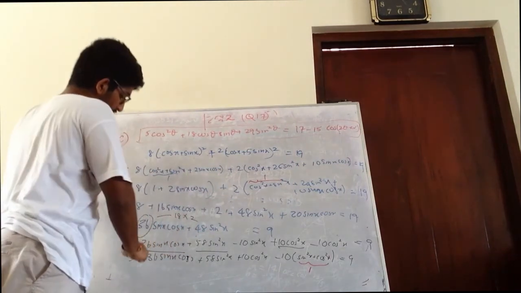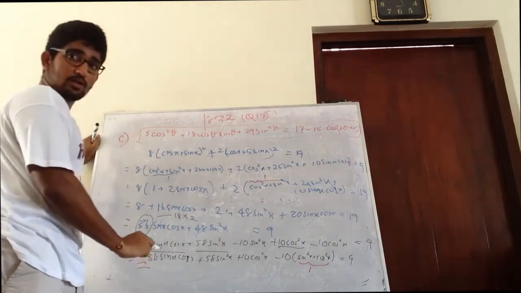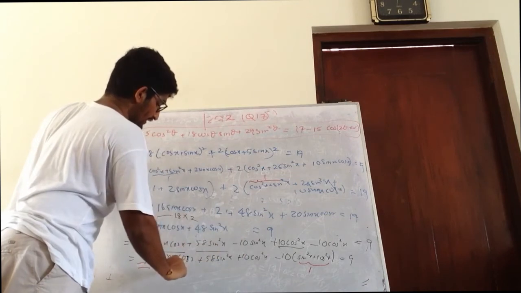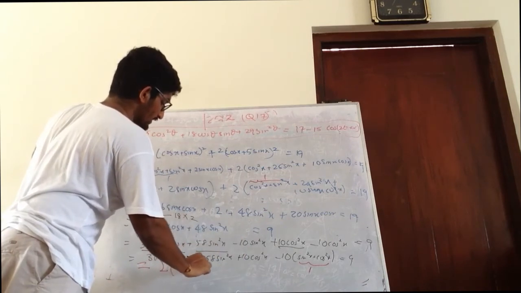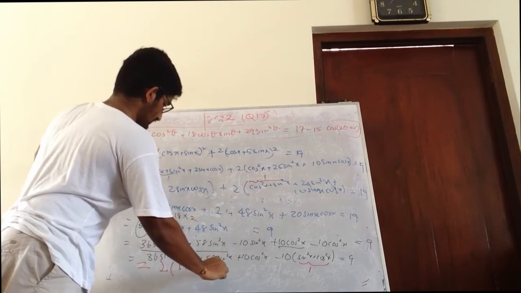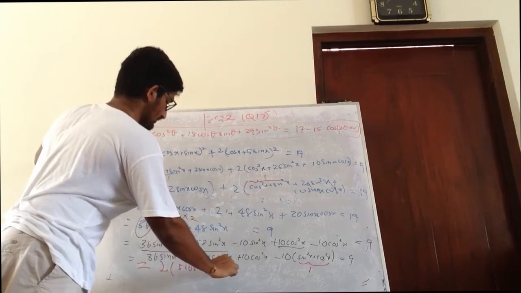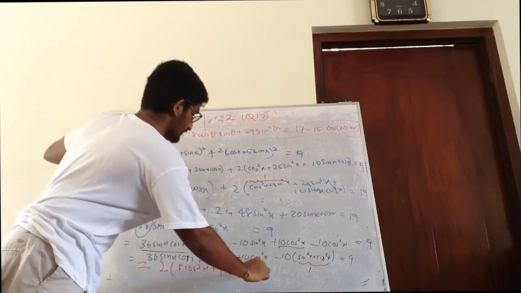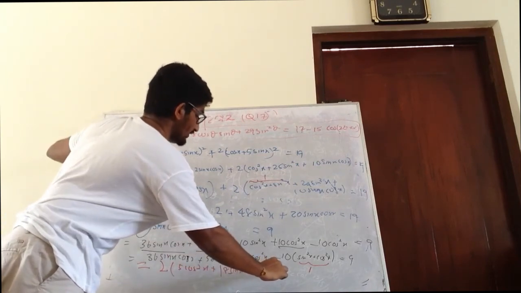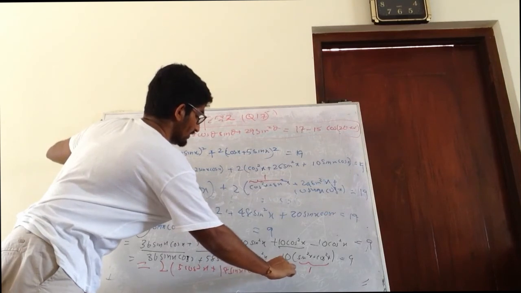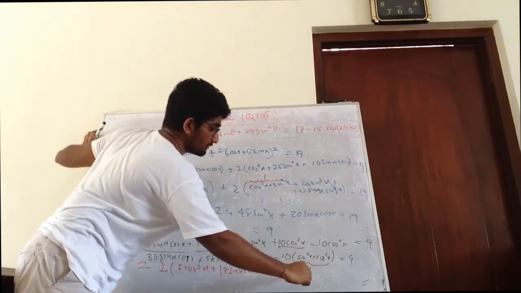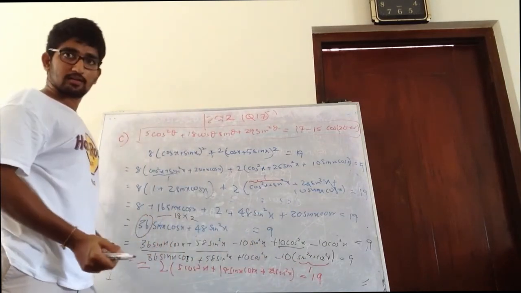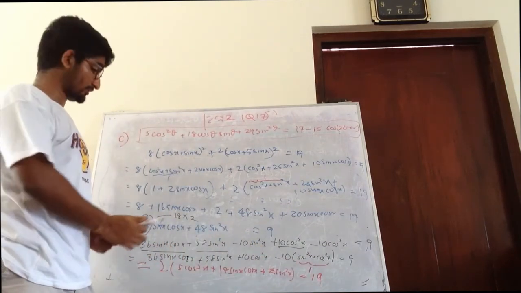So now this is basically 2 times 5 cos squared x, 80 sin x cos x plus 29 sin squared x. You put the 10 there, so it will become 90. Correct, no? So you get this.